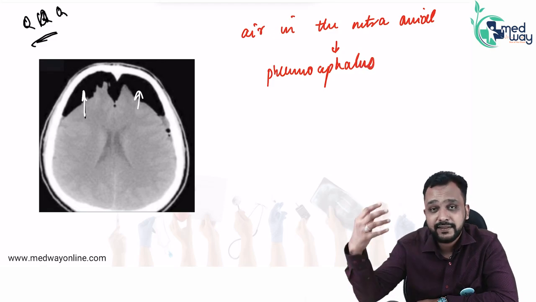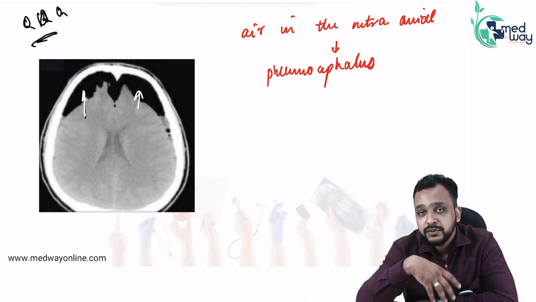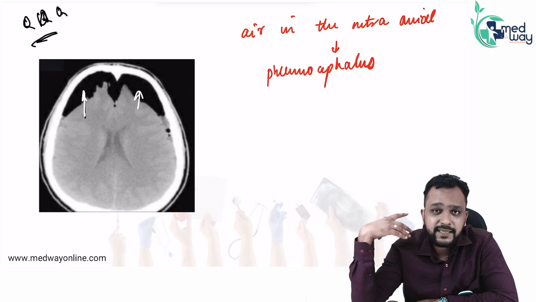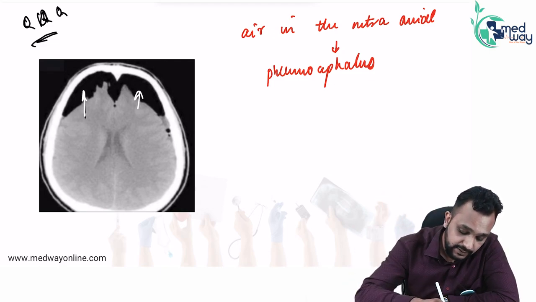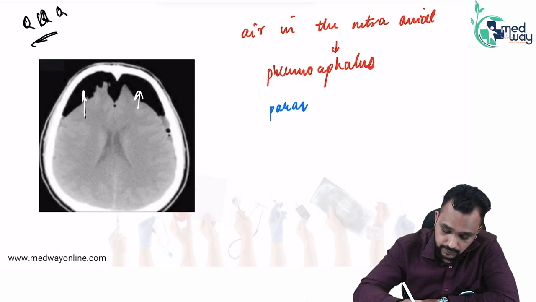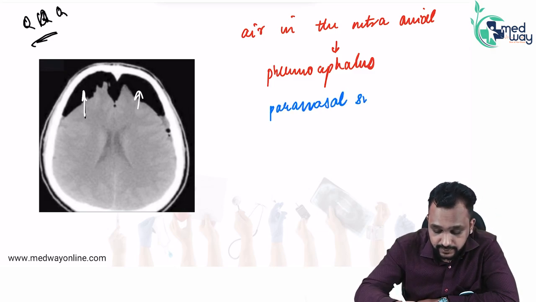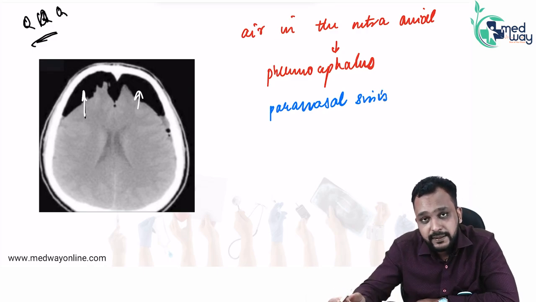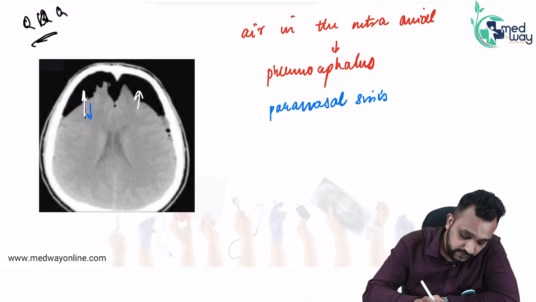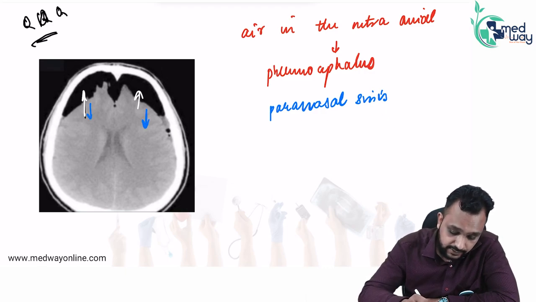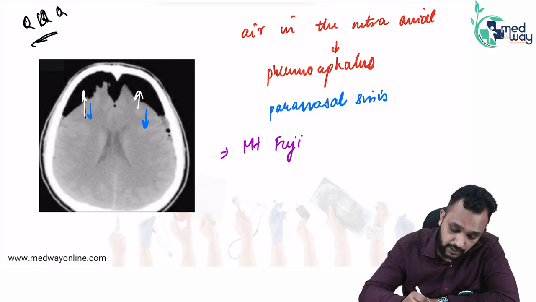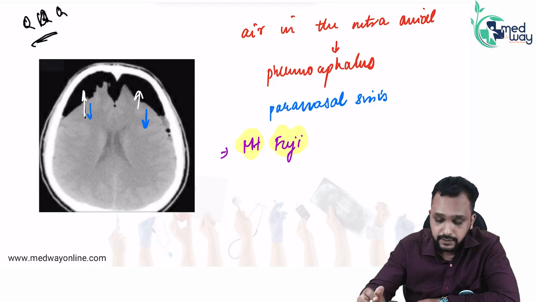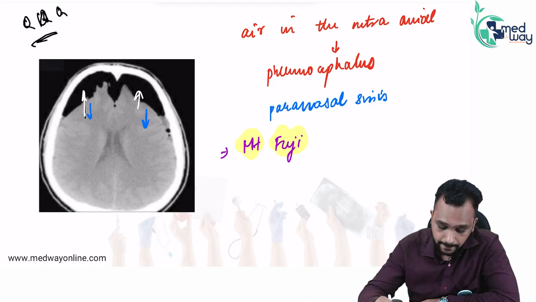So basically air is entering your cranium. Now the question is, how is this air entering the cranium? It is entering through a fracture of the paranasal sinuses, and because of the fracture of the paranasal sinus, air enters the cranium and it causes mass effect. It pushes the brain parenchyma, and while doing so, it takes the shape of Mount Fuji, and that is why it is known as Mount Fuji sign, right, of pneumocephalus.